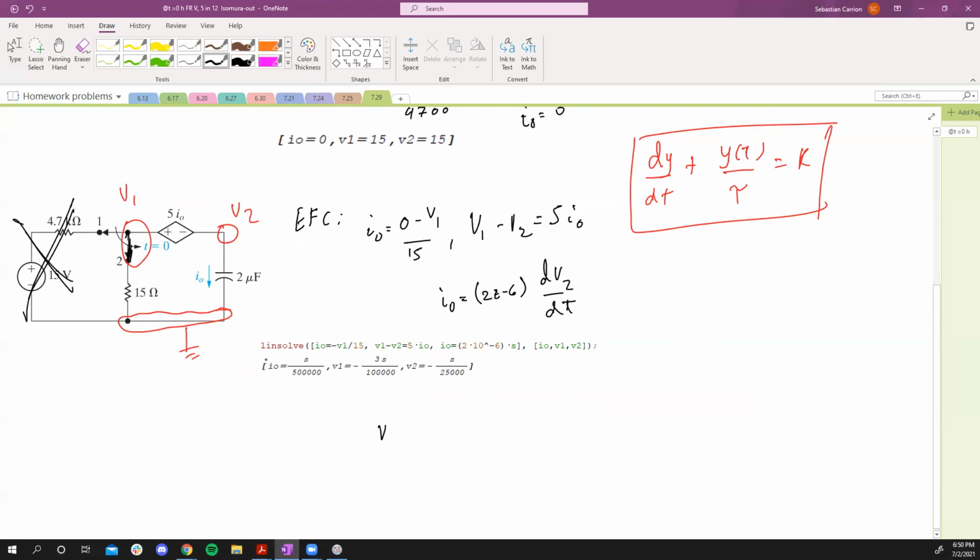Well, we can't use i0. Since we say this is our s, it wouldn't make sense for us to plug dV2 into here.